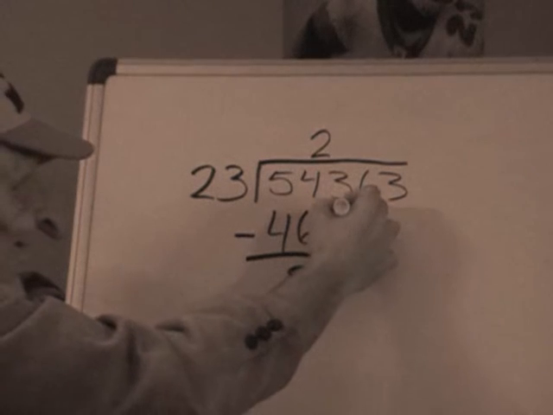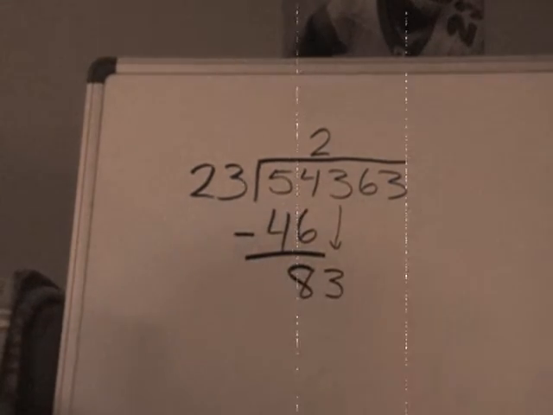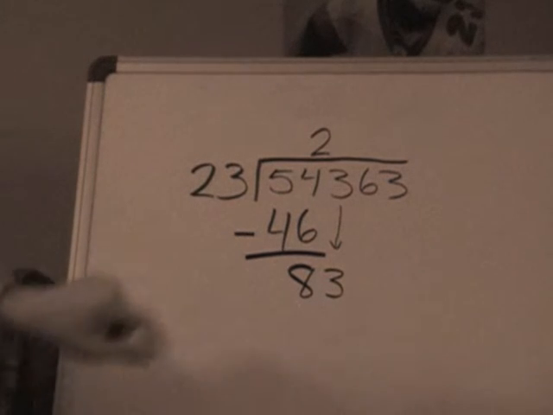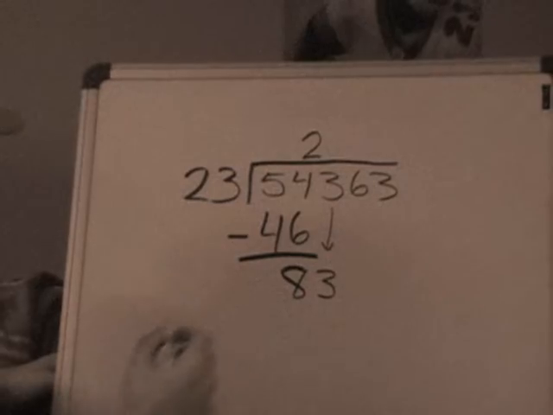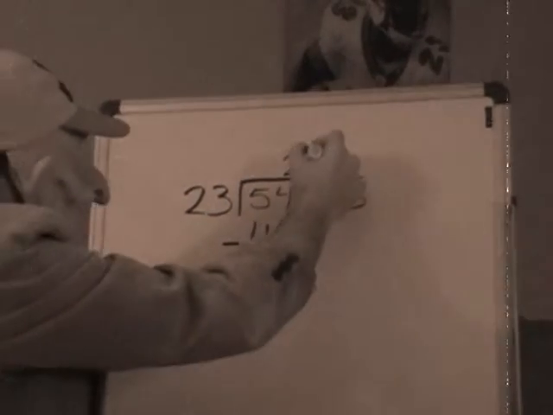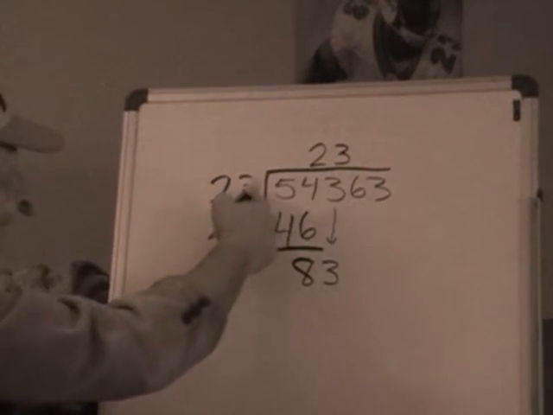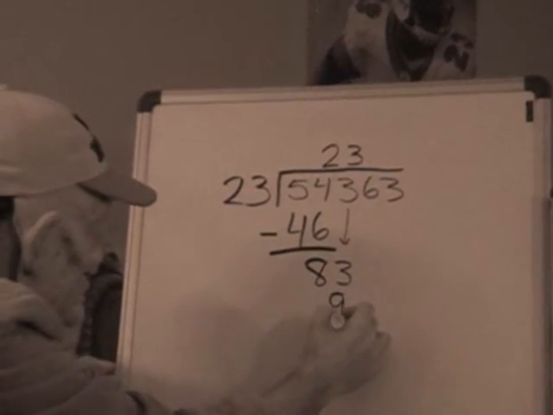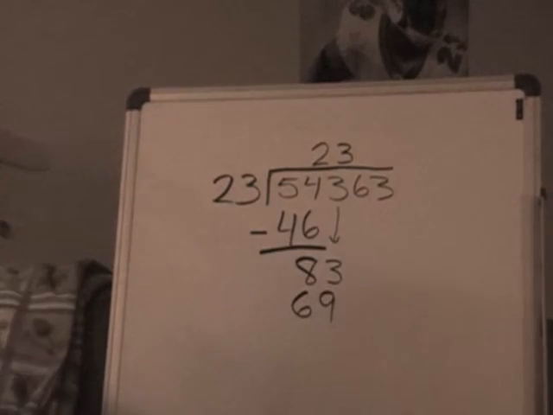Alright, now I need to bring down this 3. Throw it down there. Now we've got 23 goes into 83. And let's see, that goes in 1, 2, 3 times. And let's see, 3 times 3 is 9. 3 times 2 is 6.